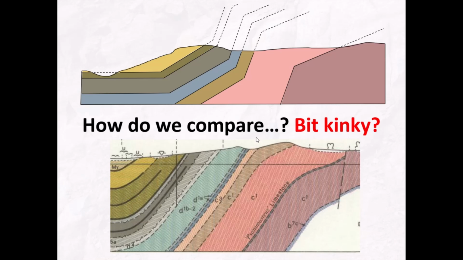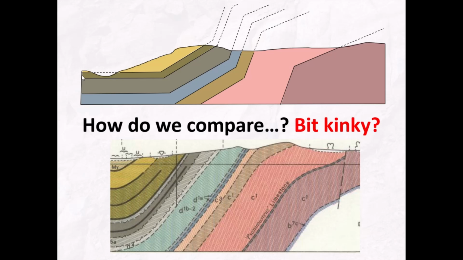But hopefully you can see that if we were to compare our rough PowerPoint method with the actual cross-section for this part of Newport, we're pretty close, right? We start off with a pretty low angle dip that then steepens up, and that's mirrored as we go through the stratigraphy until we get further to the west where our Carboniferous rocks are on that steep dip and then they flatten out.